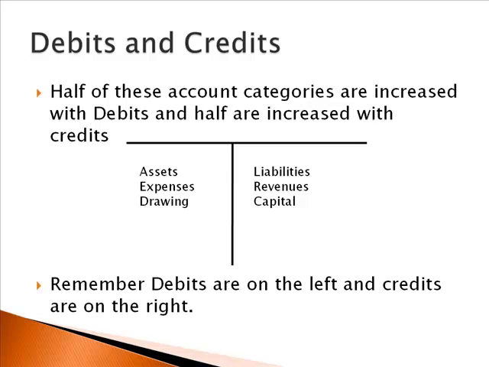Here we see with a T account that on the left side, the debit side, assets, expenses, and drawing accounts are all increased with a debit entry. Liabilities, revenue, and capital accounts are all increased with a credit entry. If an account is increased with a debit, then it's decreased with a credit. And if the account is increased with a credit, then it'll be decreased with a debit.